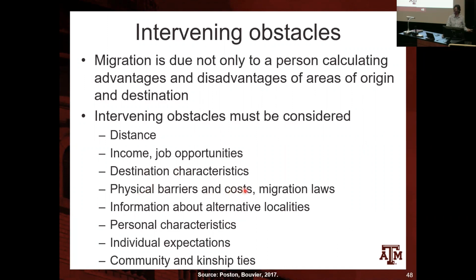Physical barriers and costs, and migration laws, so more on the policy side. What are the specific policies being implemented by a country trying to intervene with migrants? That might create some barriers. What we're going to discuss in the migration chapter, specifically in terms of international migration, is that in 1986 the US increased border enforcement a lot at the southern border.